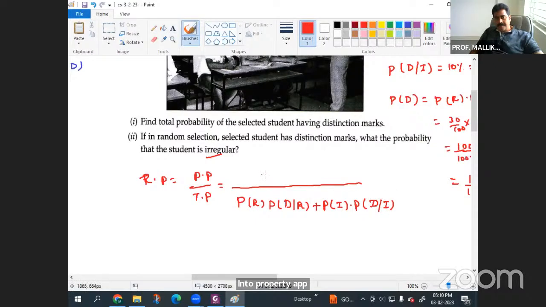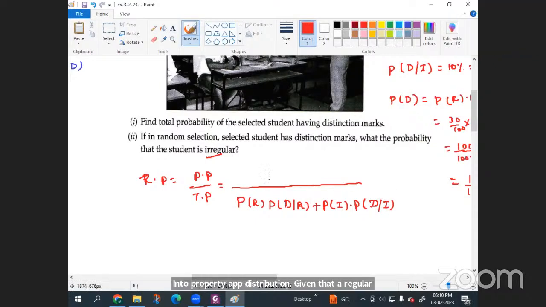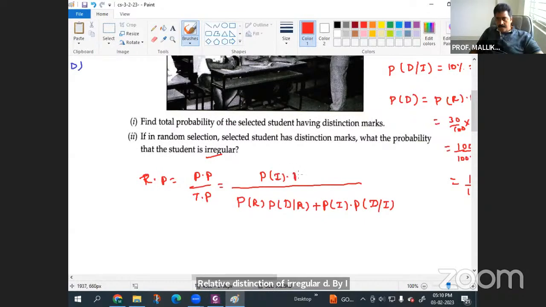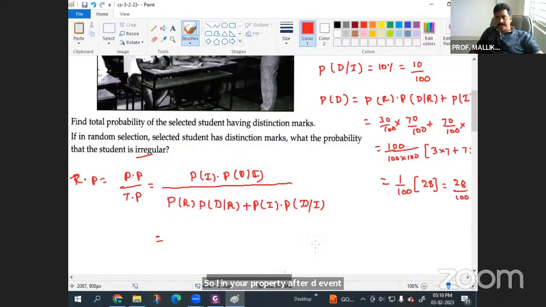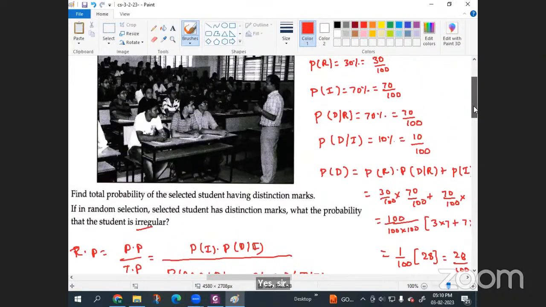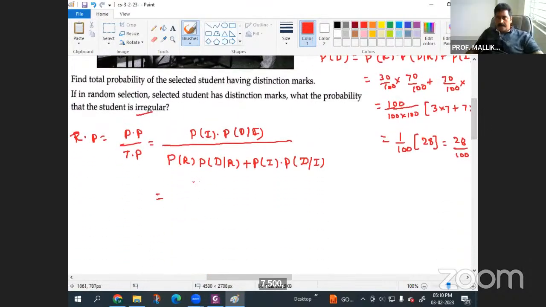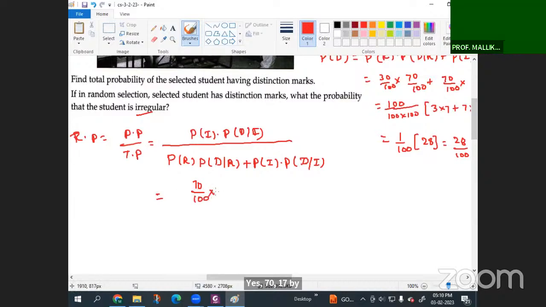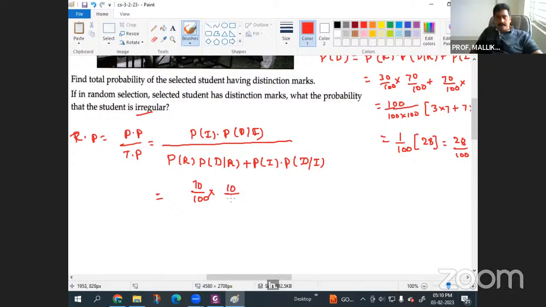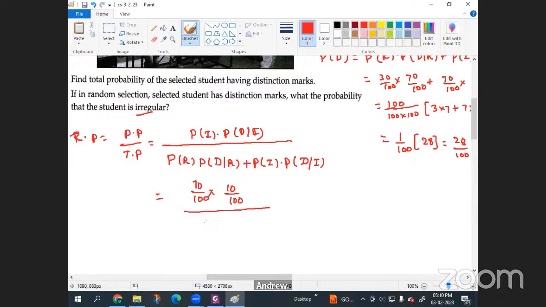Numerator: probability of irregular into probability of D given I. So numerator is probability of irregular, 70 by 100, into 10 by 100. Denominator is 28 by 100.